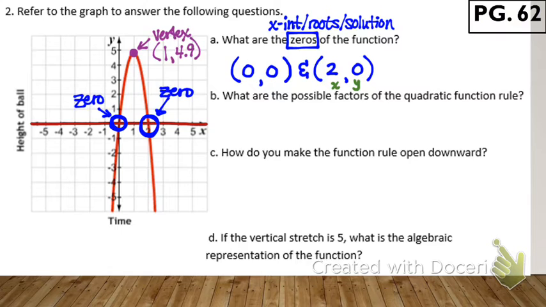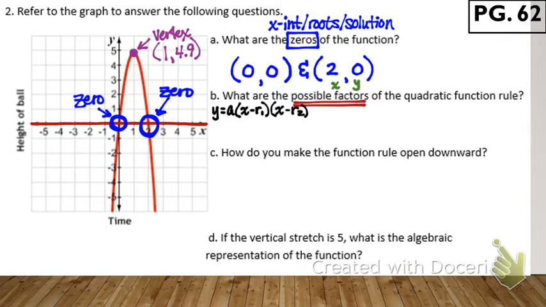So now I want to take that idea, and I want to write possible factors. We normally use our factors to find our roots, to find our solutions. I'm going to write down factored form in case you don't remember it. That's the one that looks like this.